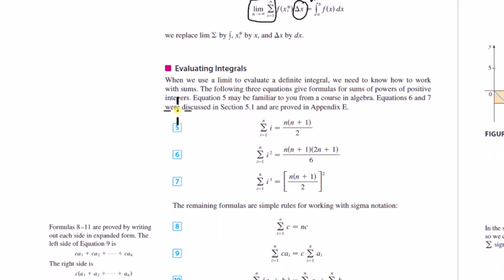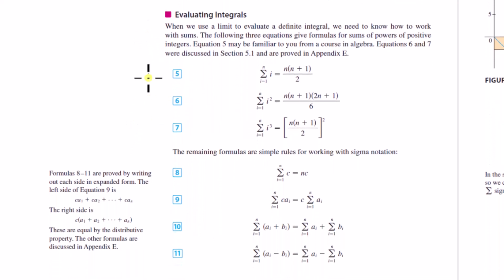Now it says here evaluating integrals. And again, what are they talking about? Right now, if we're given any definite integral, we only know how to evaluate this from the Riemann sum perspective. That's it.